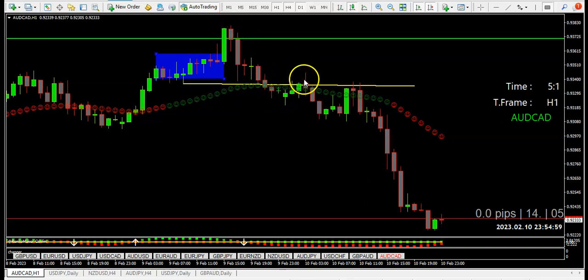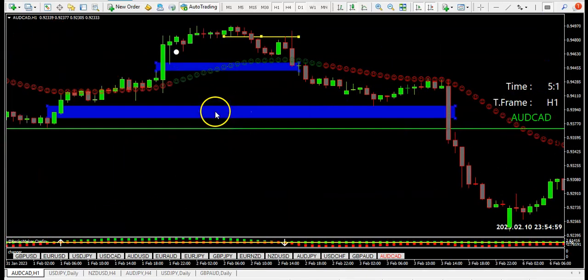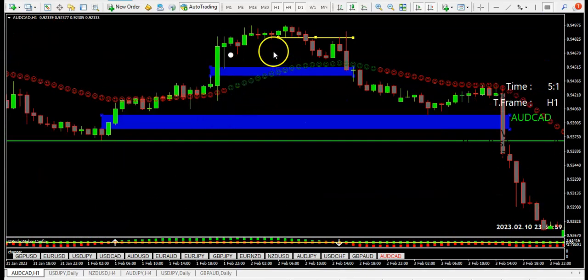Then it came back and a continuation down and a continuation down. See that? You want to study that. Once you understand that, this is like 3 strategies in one, people. Tell you the truth, it's like 3 strategies in one. And you gotta pay attention to catch it. But the same thing was over here, right?